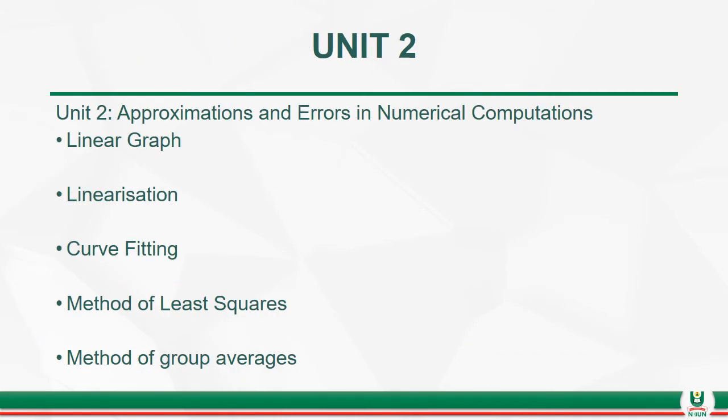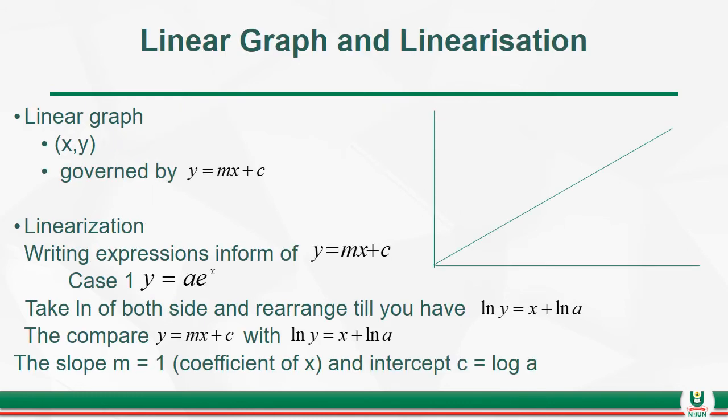In Unit 2, we'll look at linear graph, linearization, curve fitting, method of least squares, method of group averages. Linear graph. The relationship between two variables can be expressed in terms of a graph. And this will be governed by the equation of a straight line, y equals mx plus c, where c is the intercept, m is the gradient or slope.